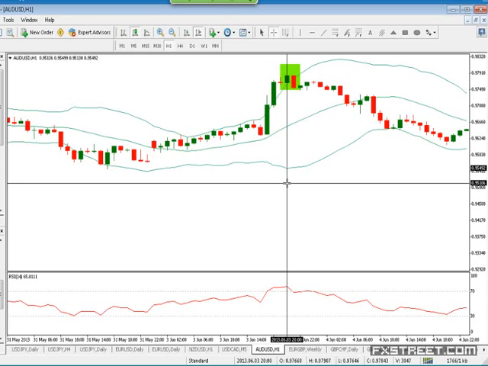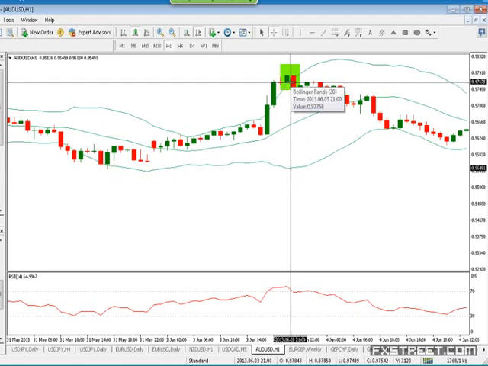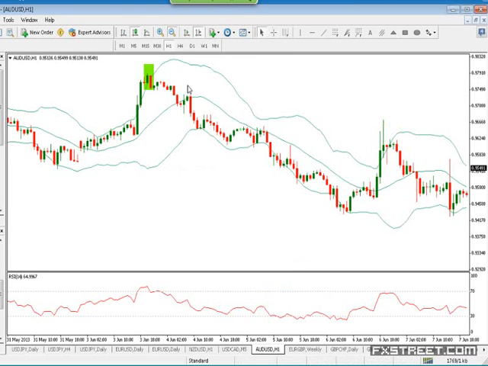So anytime you're riding a trend, your bands have expanded, and you have one bar which closes above and the second bar which closes inside, you know that price is going to reverse or is going to go into a consolidation.